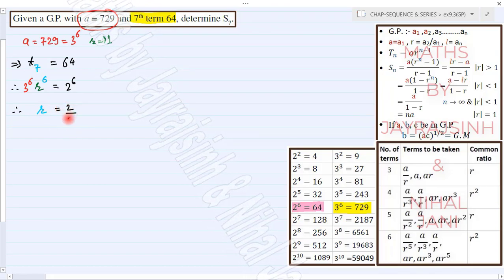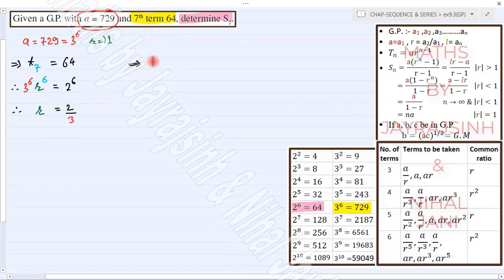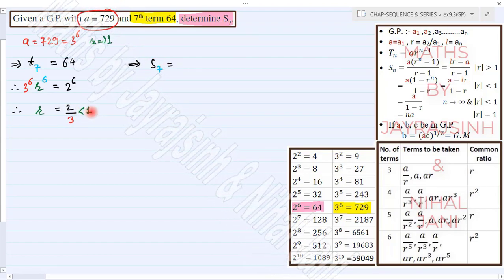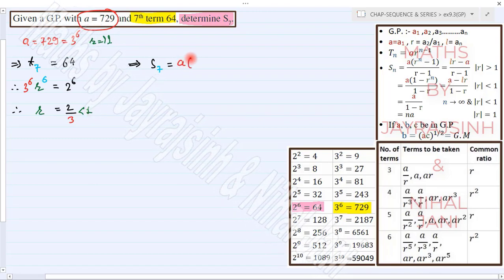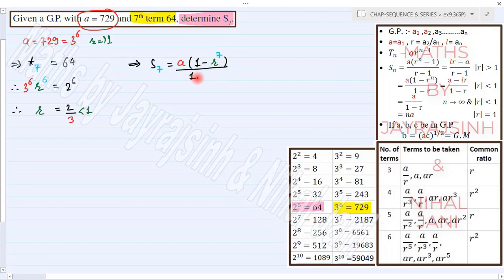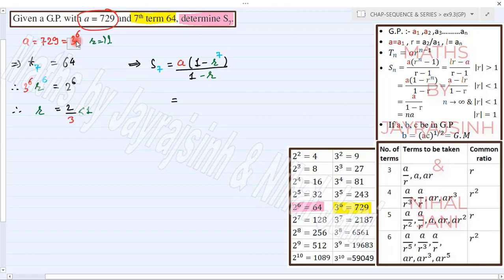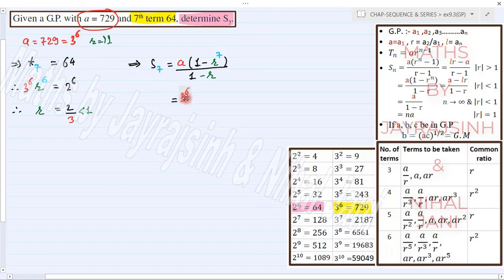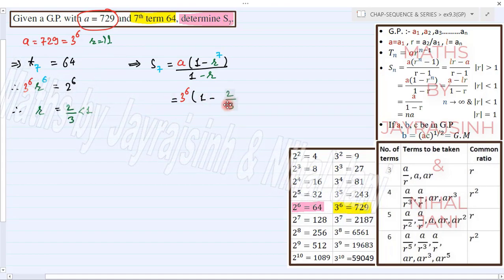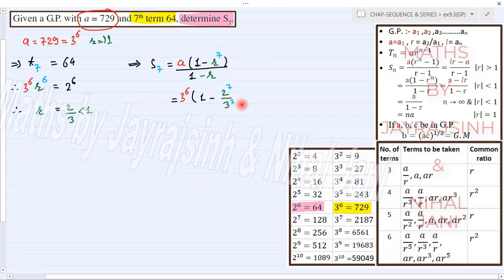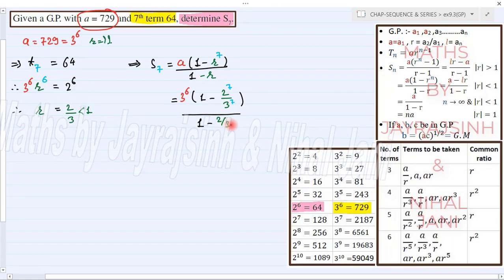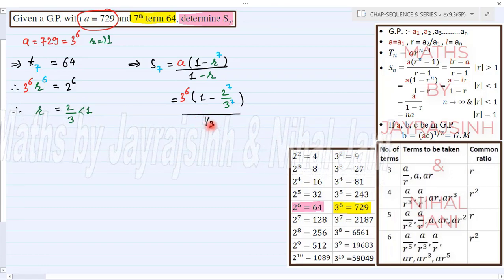you will get r = 2/3. Now, we are ready to get the summation of 7 terms. Your r is less than 1, so your equation must be a(1 - r^7)/(1 - r), where your a is 3^6 and r is (2/3)^7, and in the denominator we'll get 1 - 2/3, or we can say it will be 1/3.